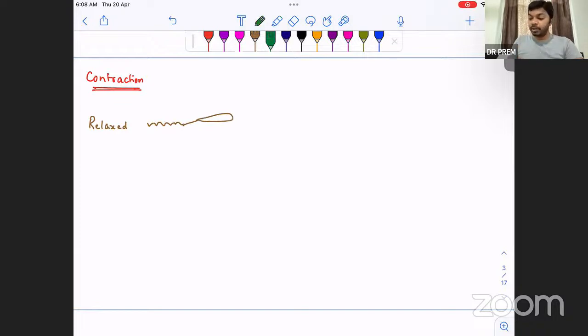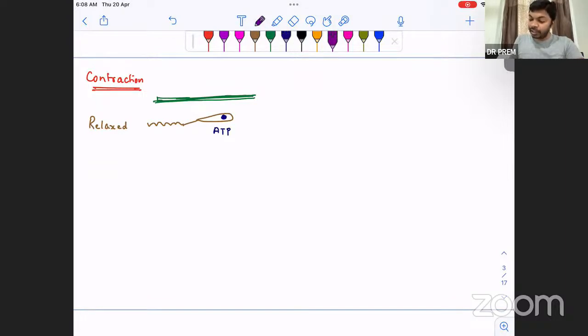We have a thin filament made of actin, and if you look at the thick filament, the head of myosin is in a flat orientation and is attached with a full molecule of adenosine triphosphate. This is the configuration of the relaxed state.